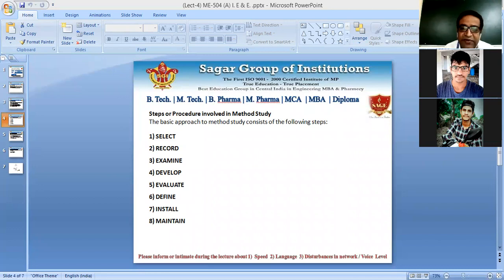Another thing is we need to develop. Now on this record and examine, we can develop the most practical, economic and effective method as per the current circumstances going on with the current method of work being done. तो क्या कंडीशंस हैं उनके लिए कोई प्रैक्टिकल, इकोनॉमिक और ज्यादा इफेक्टिव मेथड को हमको डिवाइस करना है.